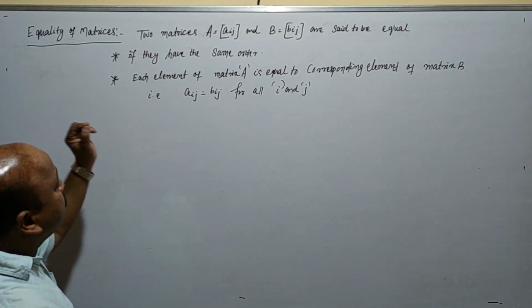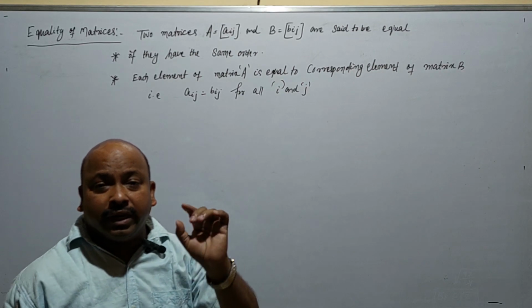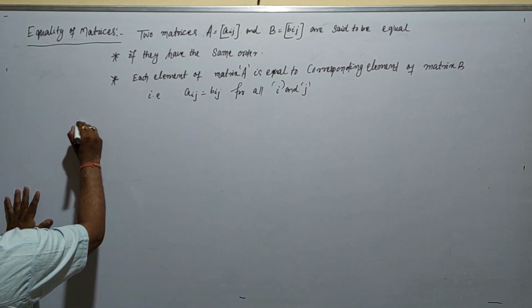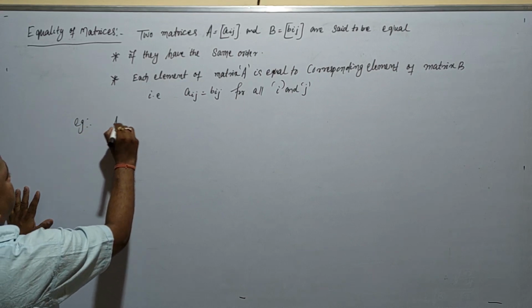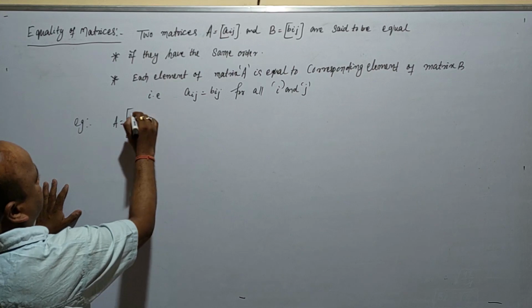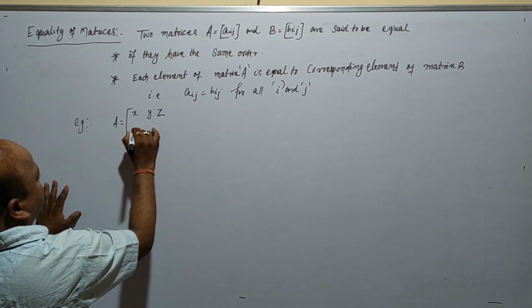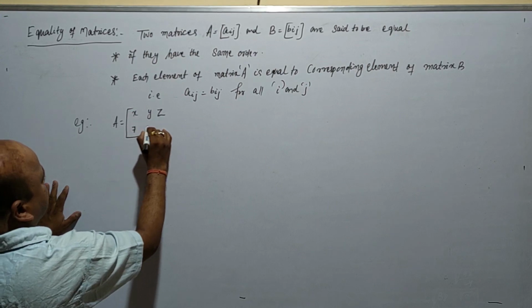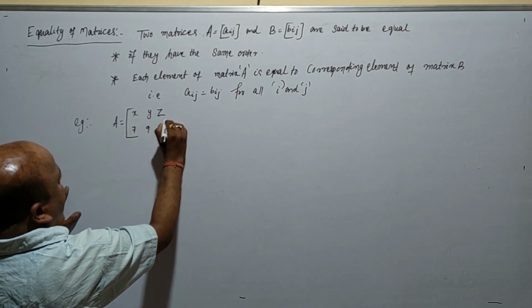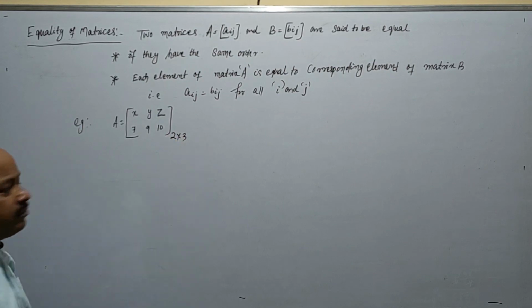And each element of the first matrix is equal to the corresponding element of the second matrix. For an example, here A is a matrix of the order 2 by 3, x, y, z, 7, 9, 10.